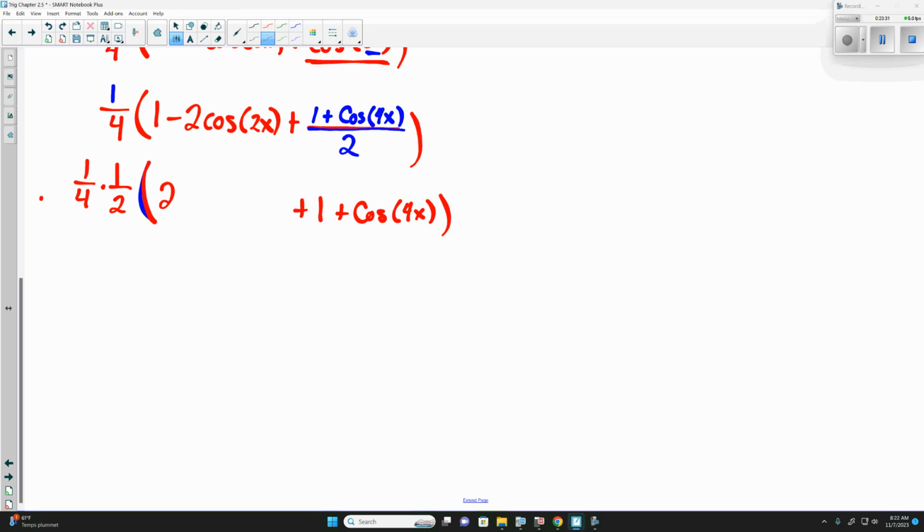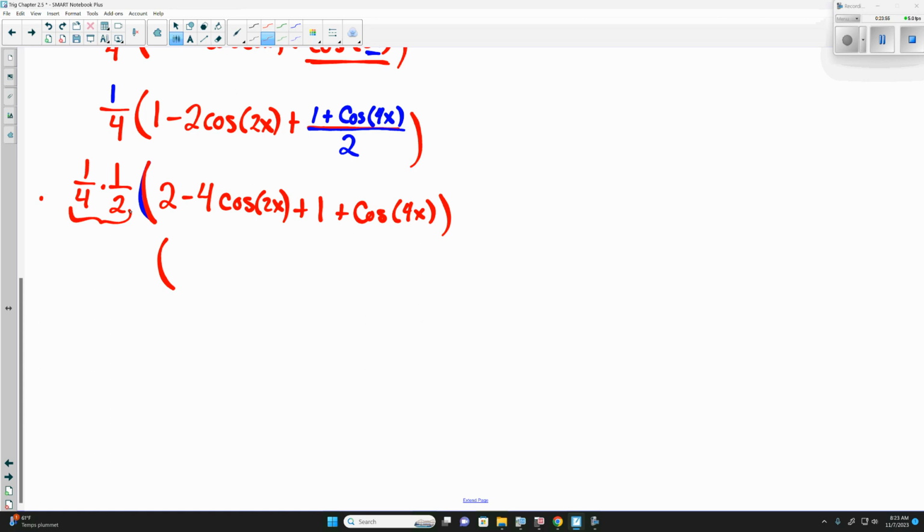So that means that's 2 minus, which means I'm also dividing the 2 cosine of 2x by 1/2, which actually gives us minus 4 cosine of 2x. Does that make sense what we did? Yes? Okay.